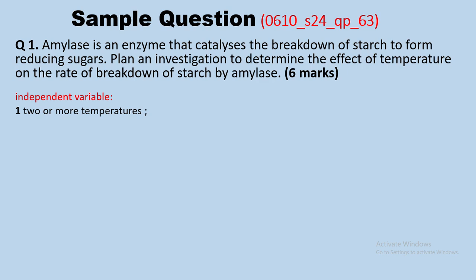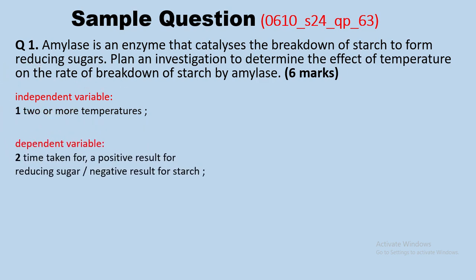So the variable we are measuring, since we are dealing with rate of breakdown of starch, anything like rate in science or biology usually has to do with time. So now we are looking at how the starch is broken down over time. Okay. So of course the use of a stopwatch or stop clock will be necessary here.